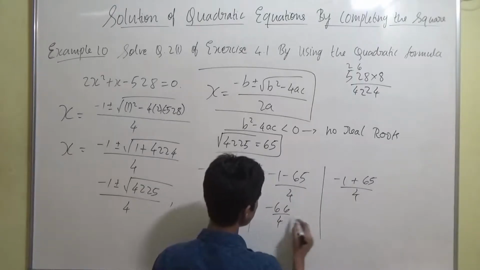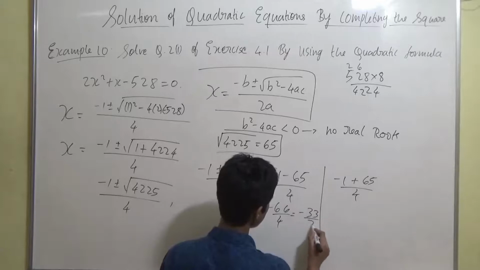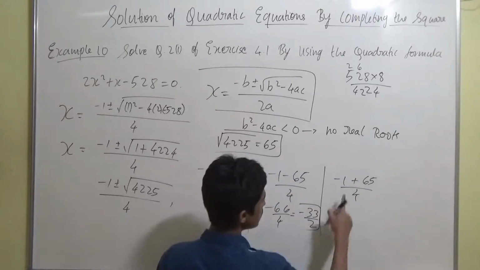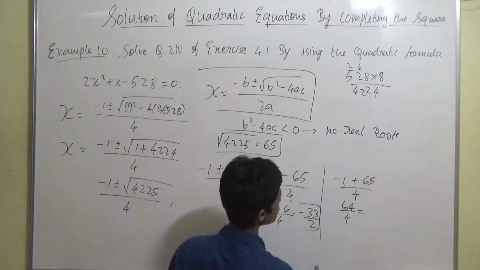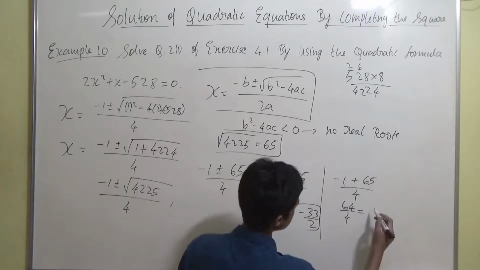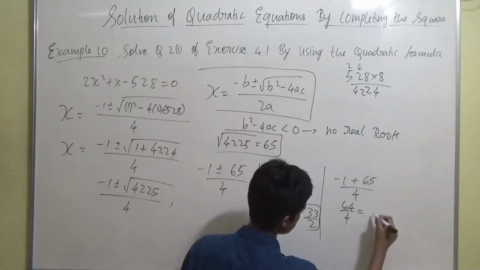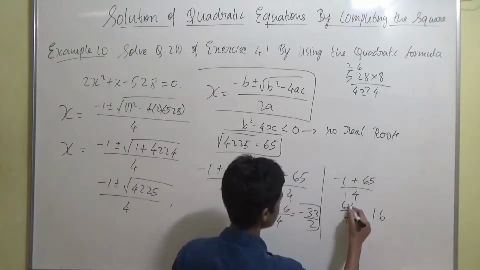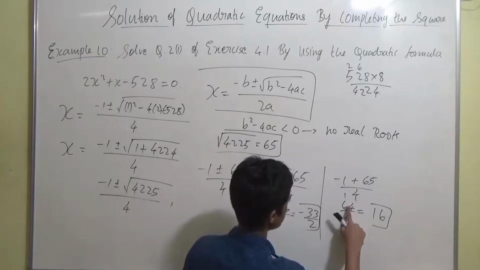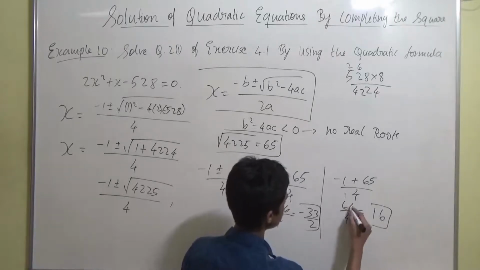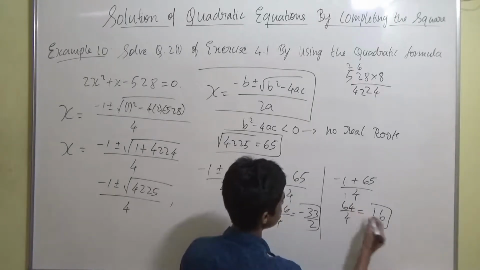Now if you simplify this, it will become minus 33 by 2. Now this one will become 64 by 4, which is 16. Getting it, guys? 64 by 4 will give you 16.